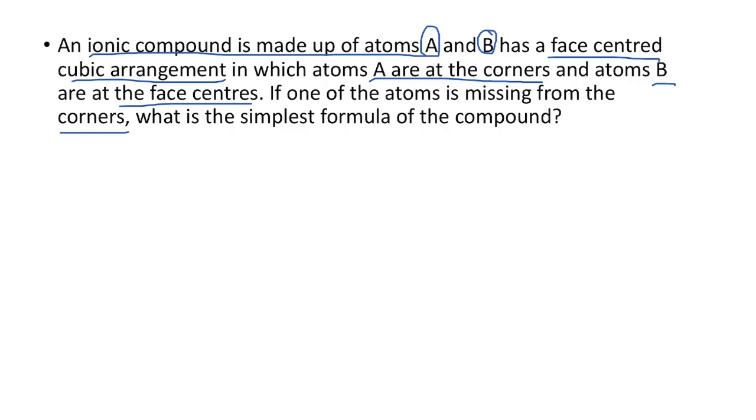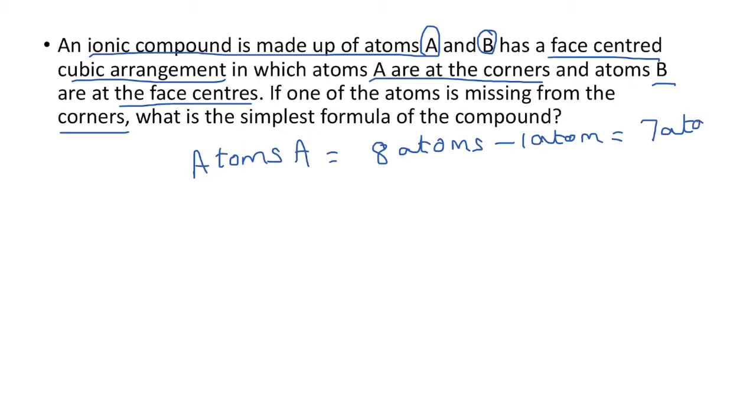Now let's look at atoms A. Atoms A are at the corners, so there will be 8 atoms. Now he is saying one atom is missing, so how many are there? 7 atoms are there.